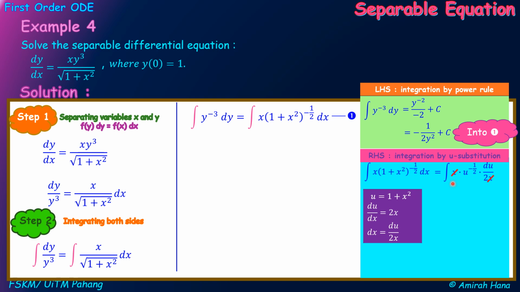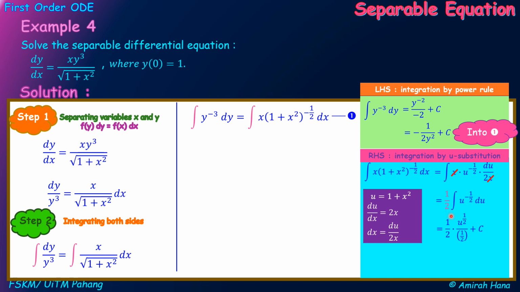And then we can simplify x here and x in the denominator, and at the same time, we can move 1 over 2 out of the integration sign. Then we have half integration of u to the power of negative half du. From here, we can integrate with respect to u. In this case, we can integrate using the power rule because the power here does not equal negative 1.